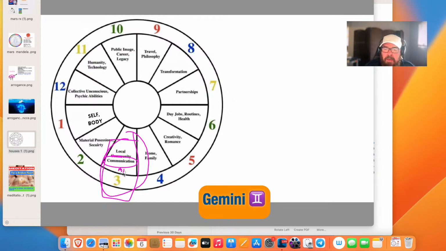Mars retrograde wants you to re-look at this arrogance. So you would definitely be dealing with some arrogance in your life through siblings, your community, your neighborhood. So you want to look at the way that you're communicating. And there could be frustration coming up, right, with this.